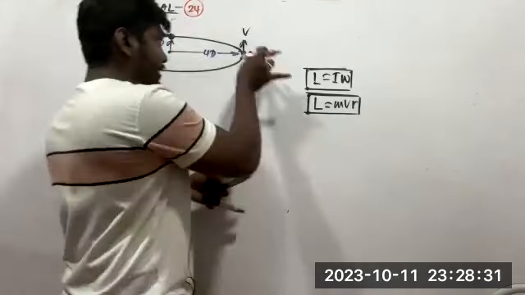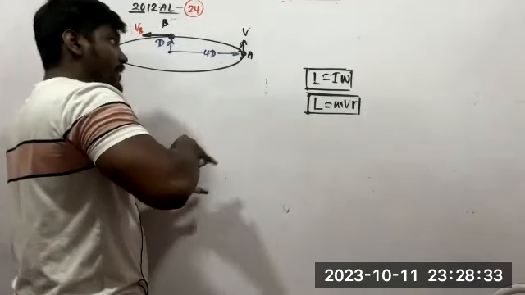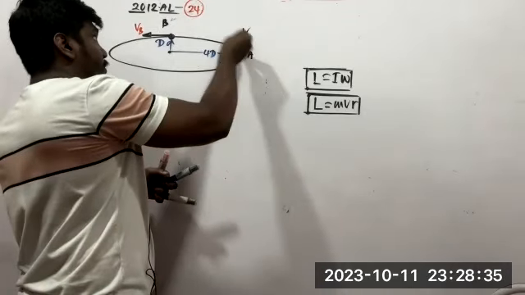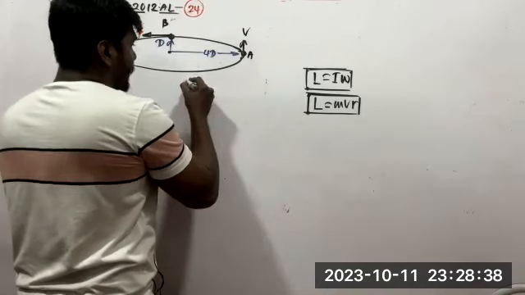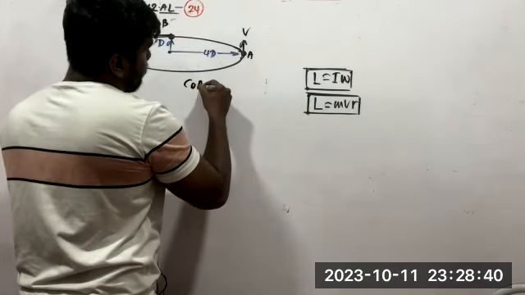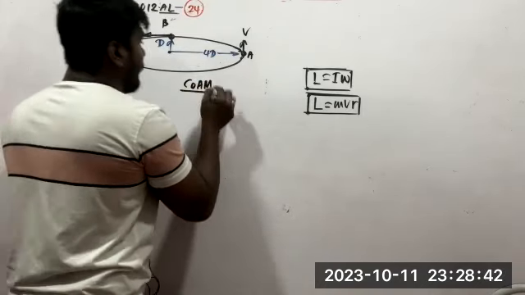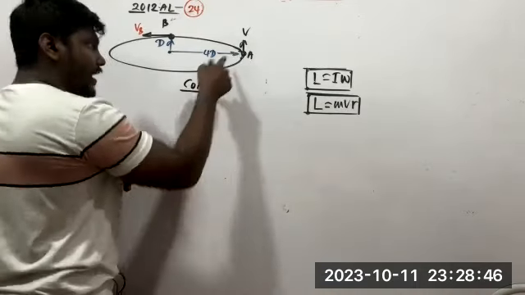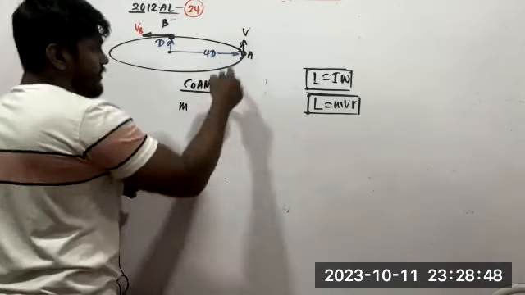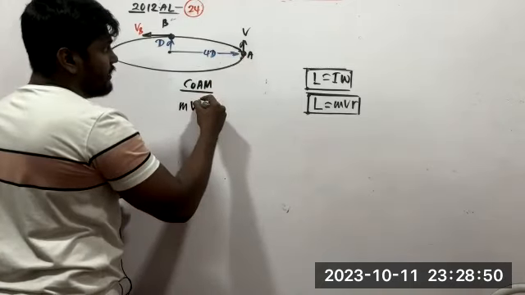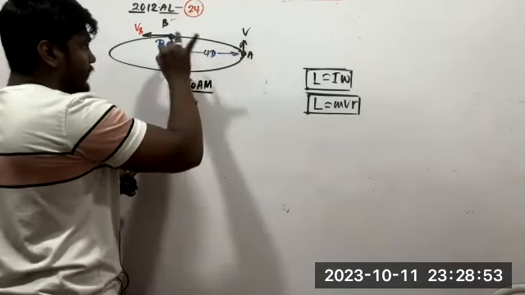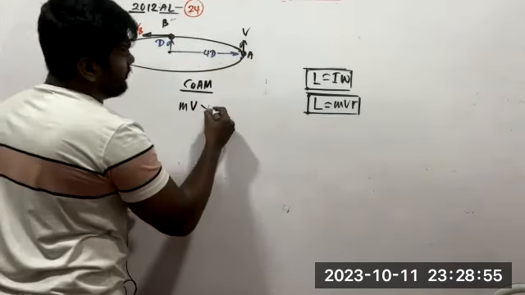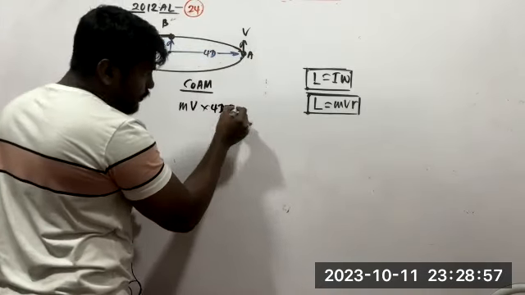Angular momentum at point A must equal angular momentum at point B. At point A: mass m, velocity V, distance from the center 4D.